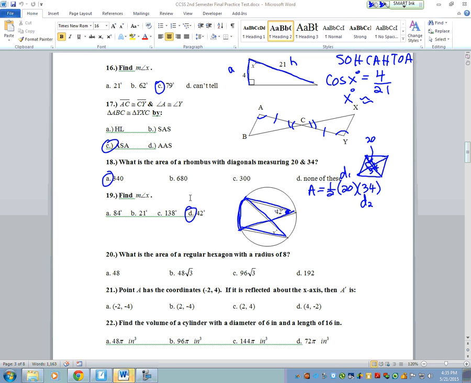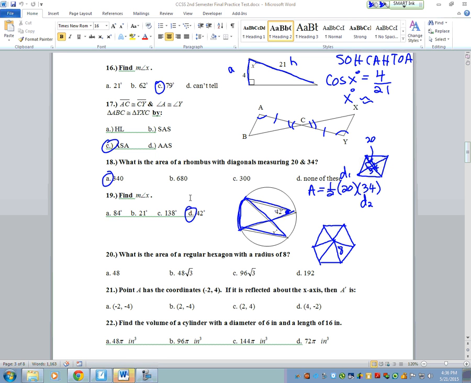All right, 20. What is the area of a regular hexagon with a radius of 8? If I draw my hexagon, it looks like this: 1, 2, 3, 4, 5, 6. And then I draw in the radius of 8. The hexagon is made up of 6 equilateral triangles.